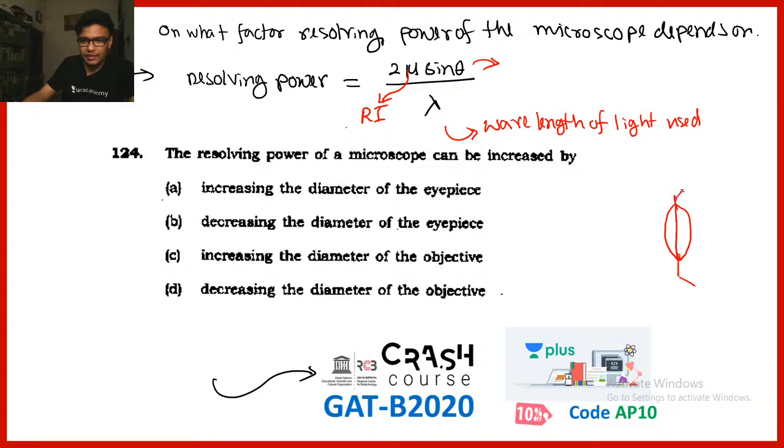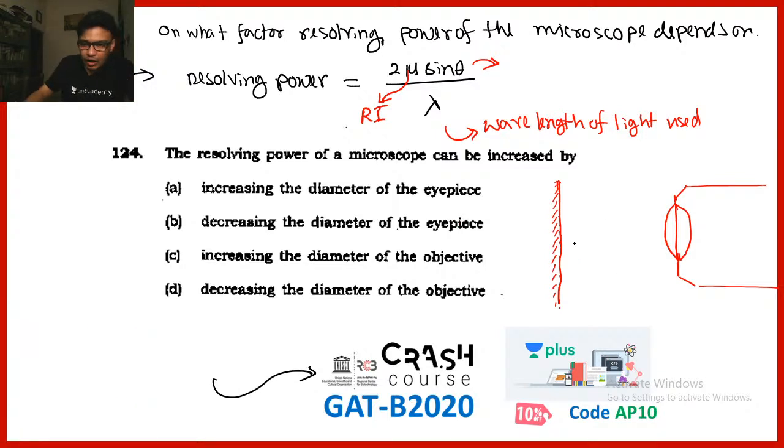Basically this is the objective you are seeing, and this is your specimen plane, your glass slide, and maybe your specimen is here. For clarity's sake, this is a transparent point specimen.